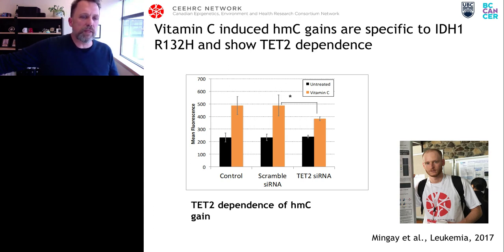And what we can see is that by adding this siRNA, we in fact see a statistical reduction in the amount of gain in hydroxymethylation, as measured by mean fluorescence by immunohistochemistry. So we show that at least this gain of hydroxymethylation is at least in part dependent upon the presence of TET2.